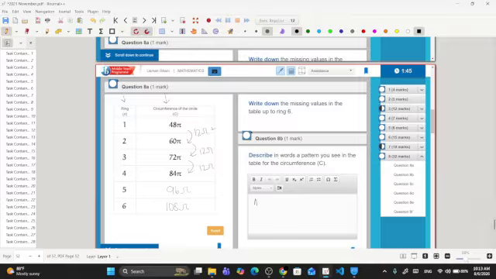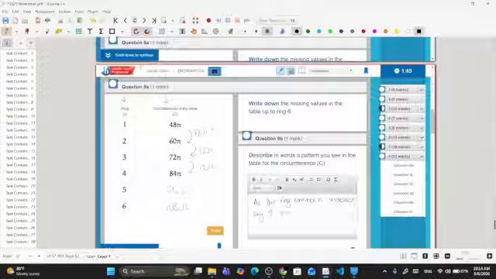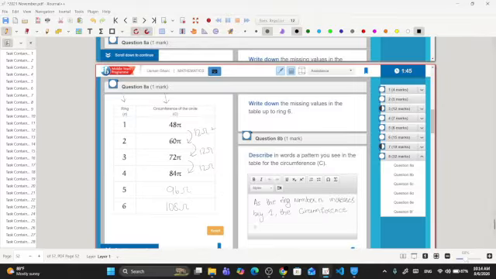So we can see as the ring number n increases by 1, the circumference increases by 12 pi centimeters each time.